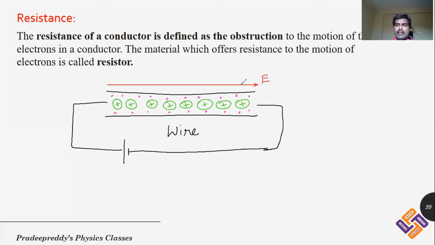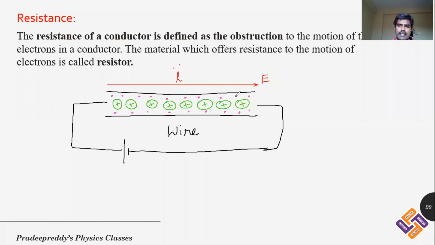And when the electric field is set up within the conductor of length L, what would happen? The electrons will be forced to move in the opposite direction to that of the electric field, and positive charges are forced to move in the direction of the electric field.